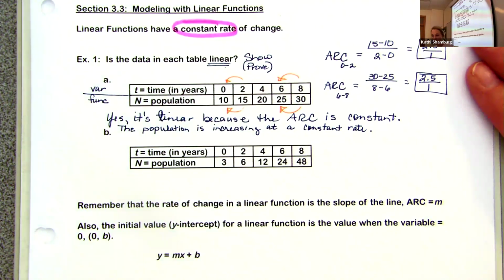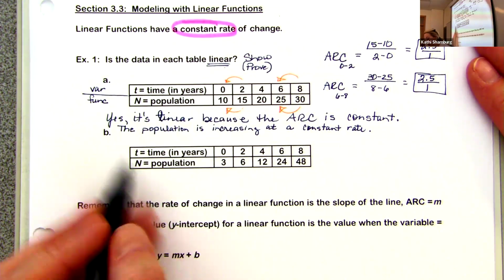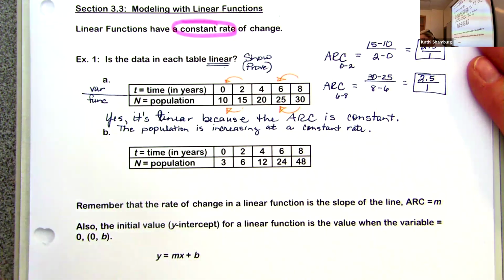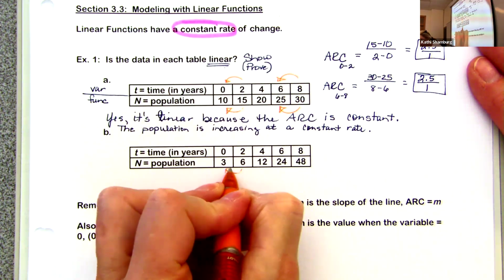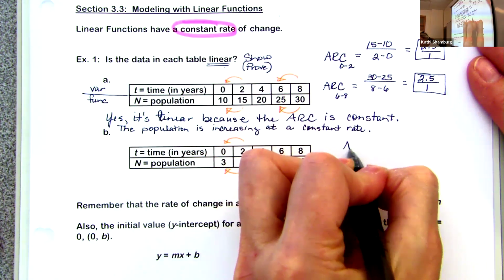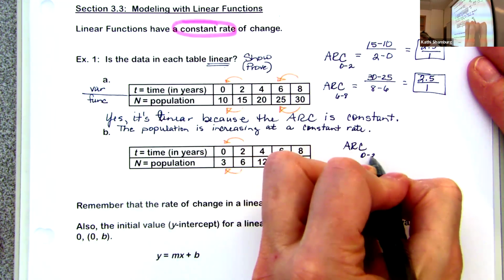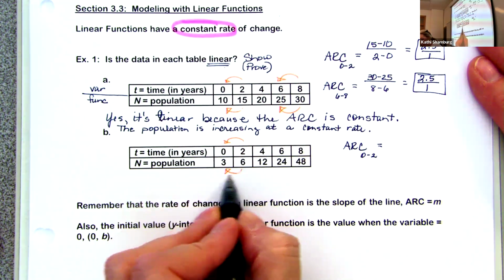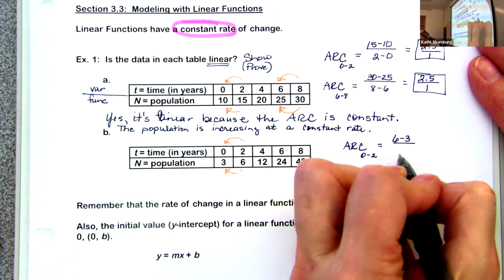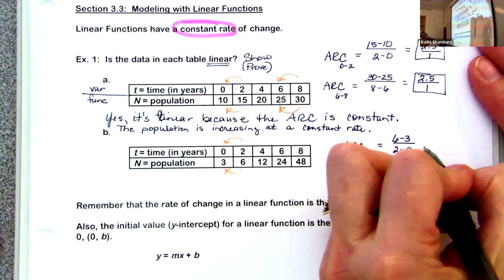All right, so we've got a little bit of time. Let's go ahead and do part B. So again, I'm going to do the average rate of change between the first 2. And this is 0 to 2. 6 minus 3 over 2 minus 0. So 3 halves or 1.5 over 1.